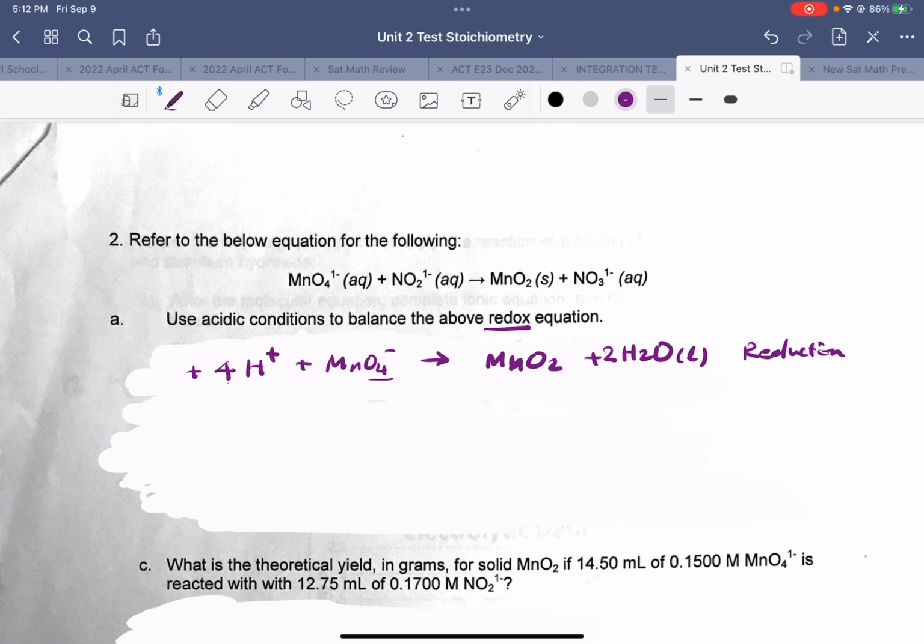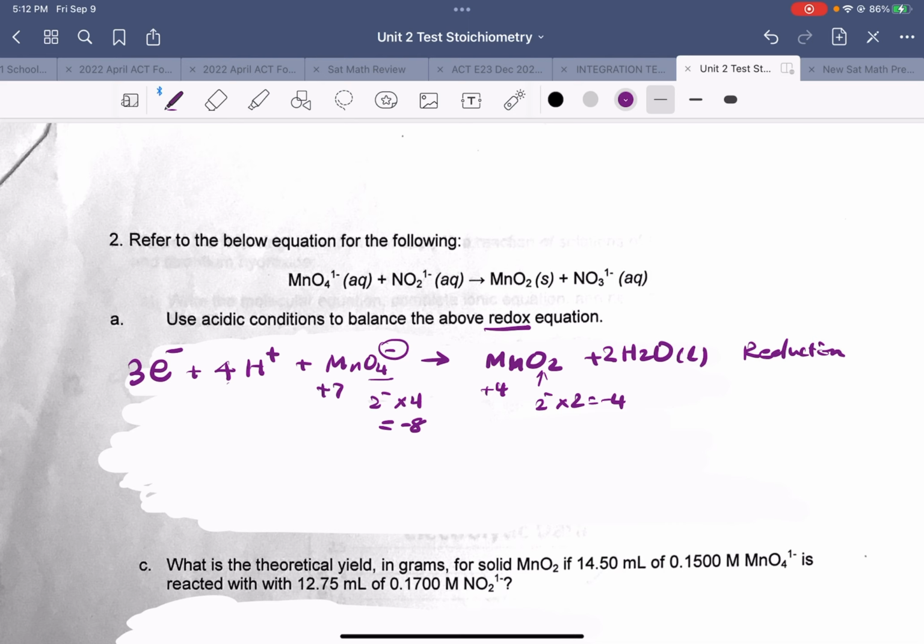If you look at this manganese, O is 2 minus, but times 4 is negative 8. But to have a negative 1 charge, the manganese should be plus 7. Here O is also 2 minus, but times 2 is minus 4. To have no charge, this manganese should be plus 4. That means it accepts 3 electrons. So you're going to have 3 electrons like that. Okay, so that's the reduction equation.